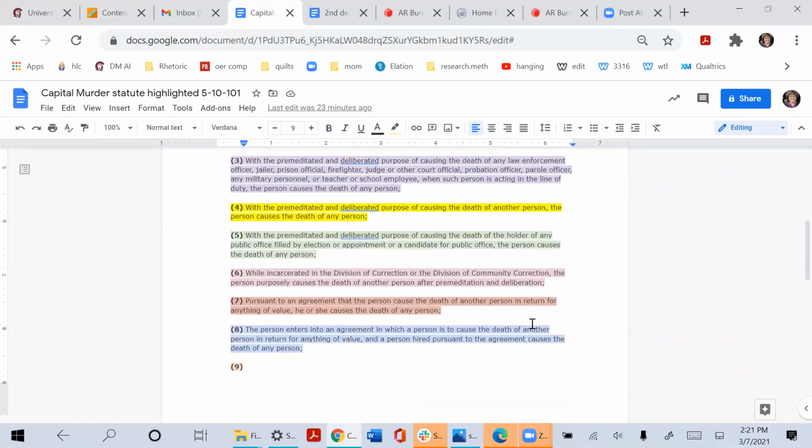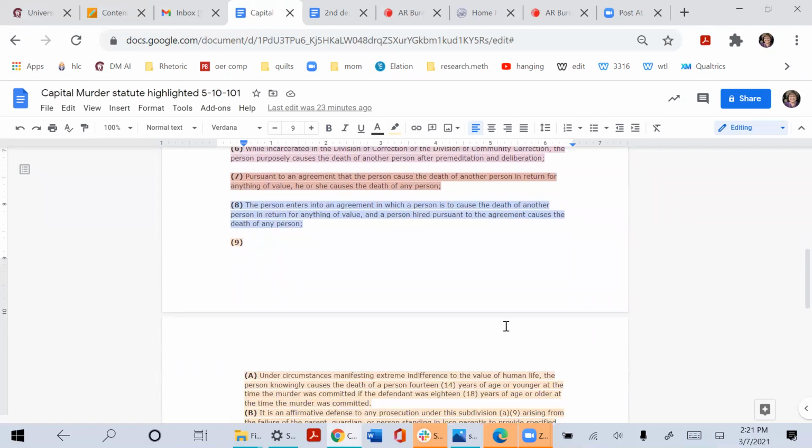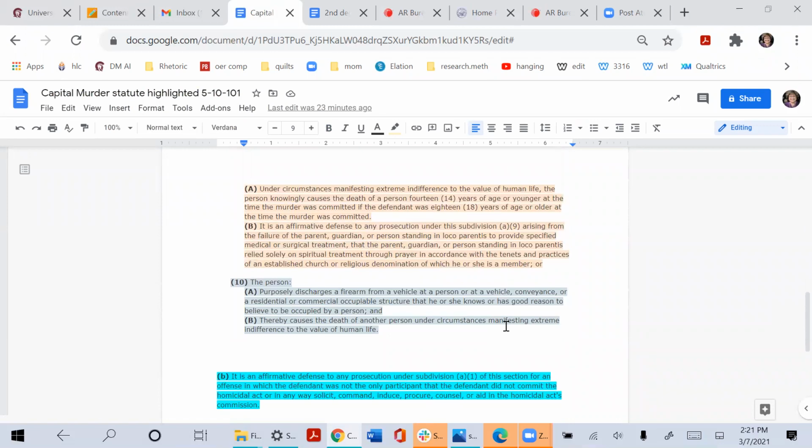If you look at the 10th type, where there's a purposeful discharge of a firearm that ends up causing the death of another person, you see that under circumstances manifesting extreme indifference to the value of human life is also attached to that.